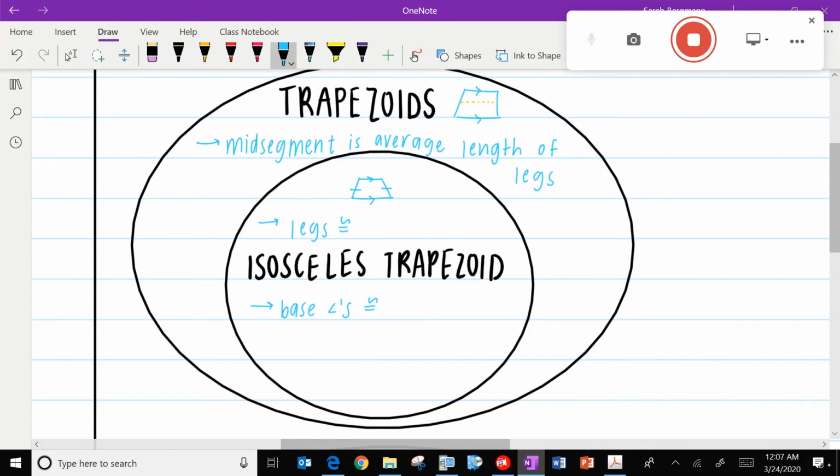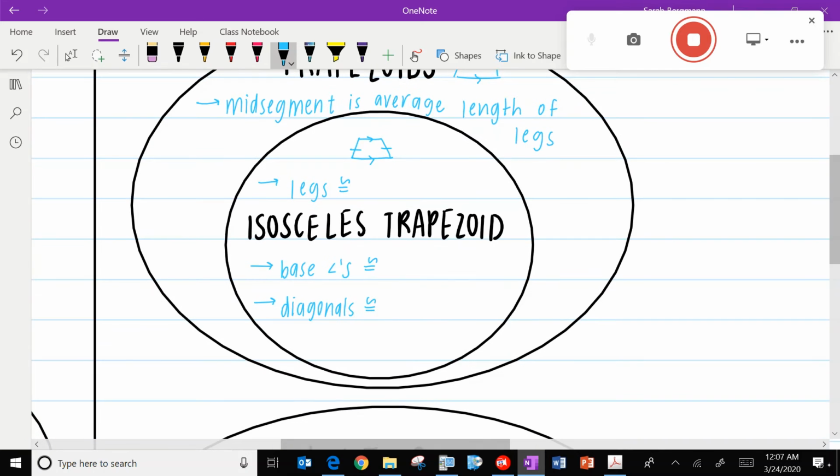It has diagonals congruent. And as long as 1 pair of base angles is congruent, you can prove that it's an isosceles trapezoid.